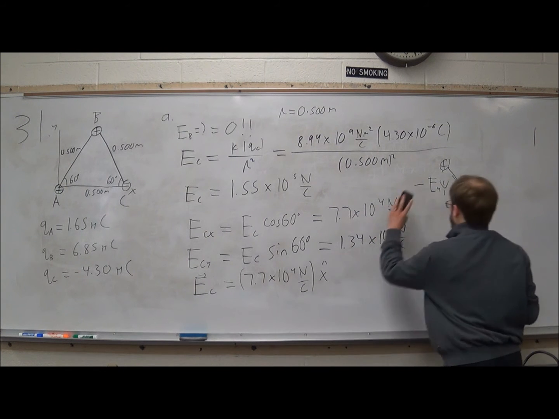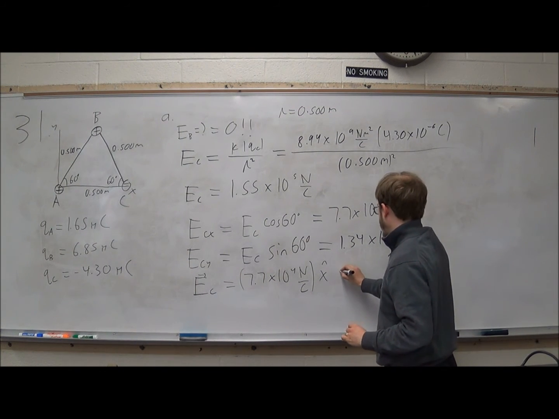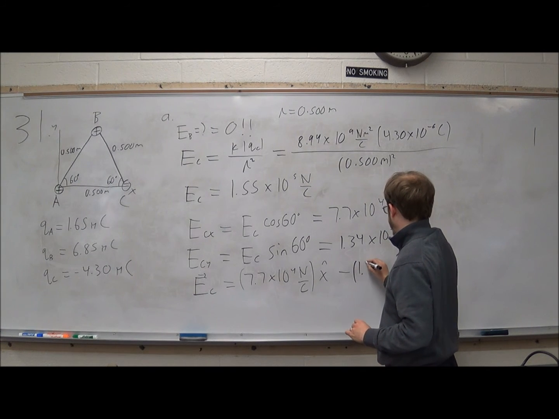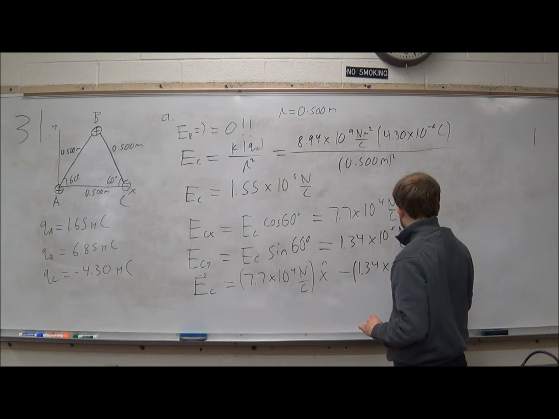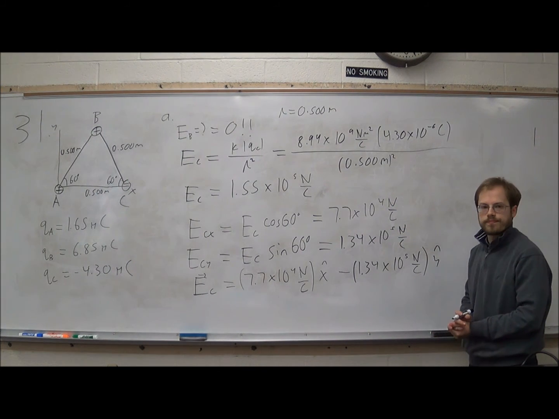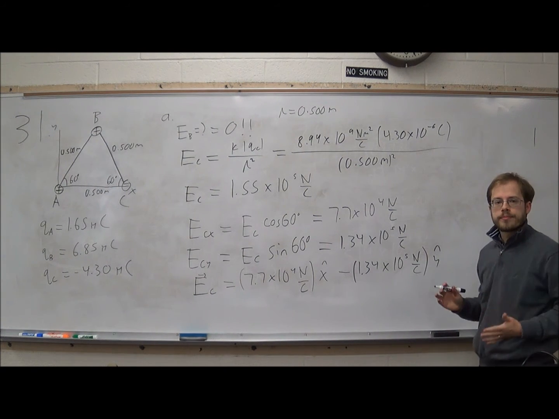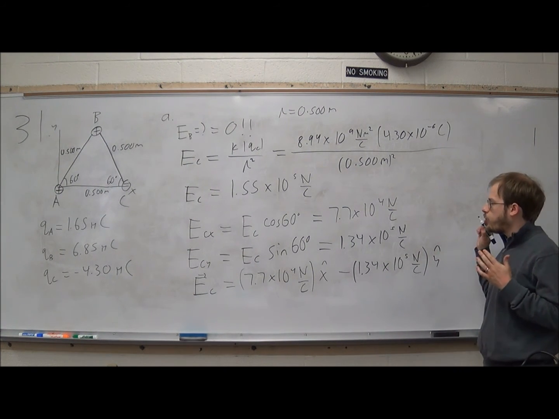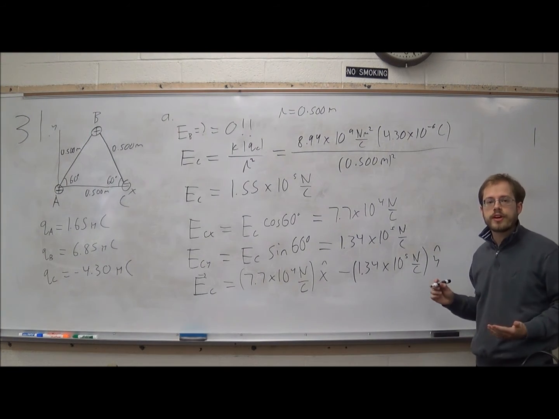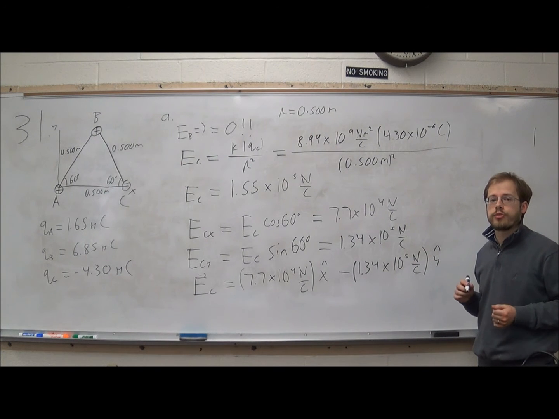So we get minus 1.34 times 10 to the 5 newtons per coulomb, y hat. Now we've got both E_A and E_C in unit vector notation. Let's find the net magnitude and direction of this electric field.